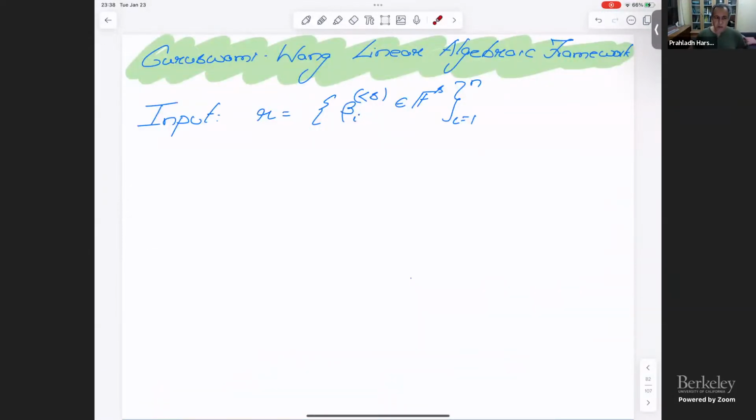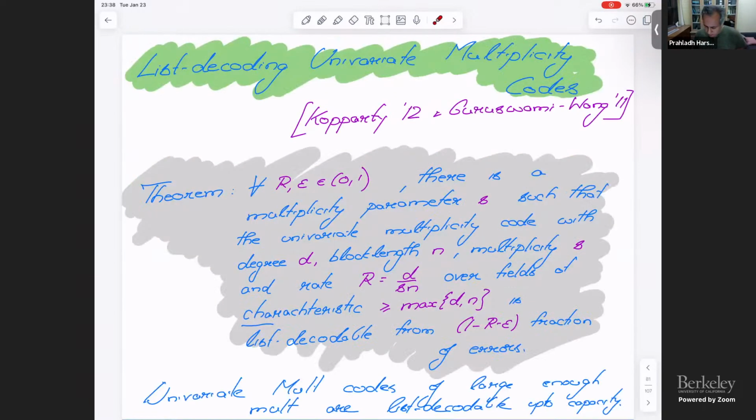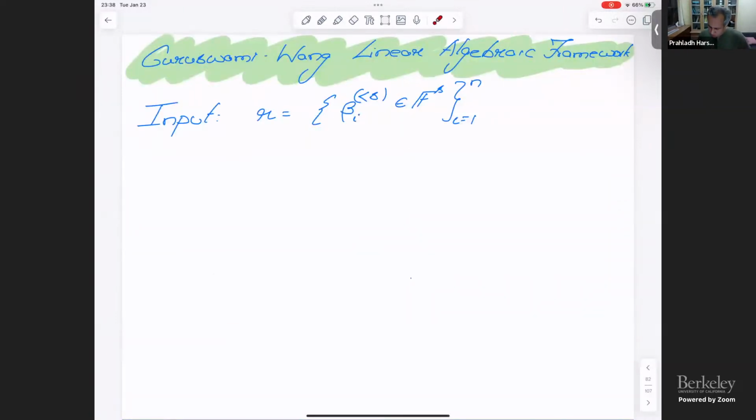Proceeding to the algorithm. There are two different algorithms for this right now, very similar but different. One is the algorithm due to Swastik Kopparty, and the other is due to Venkat Guruswami and Carol Wang. As Mary did in her talk, we will follow the linear algebraic framework of Guruswami and Wang while describing the solution.